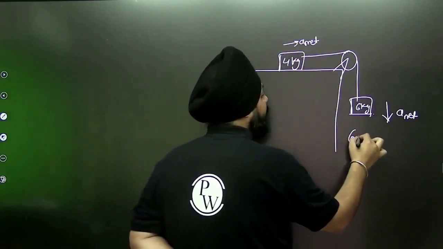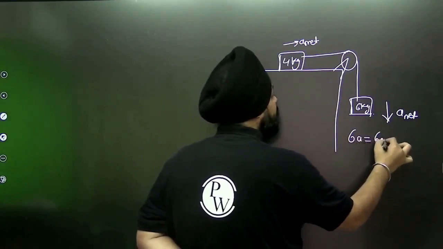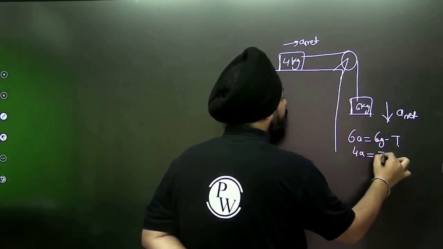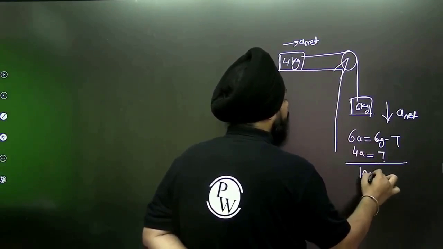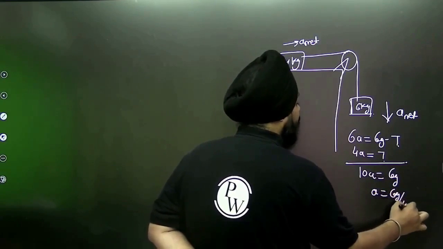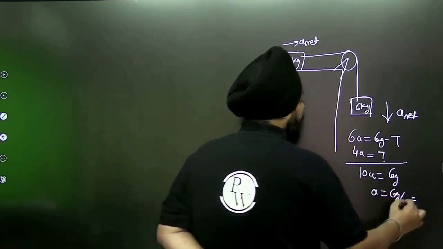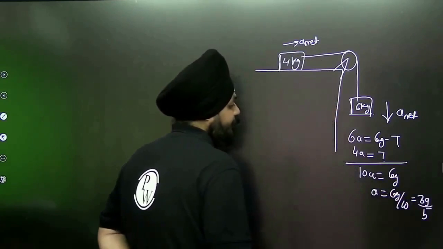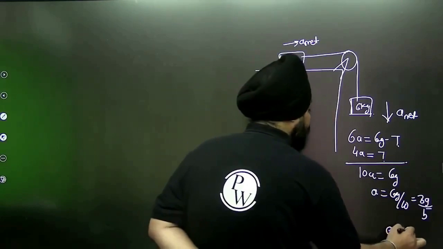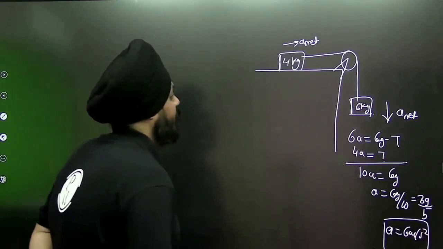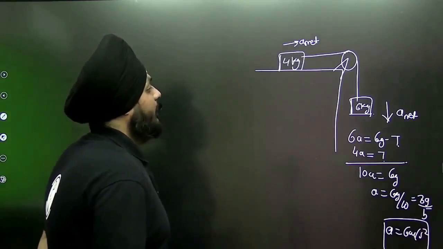From this we are getting the equation 6a is equal to 6g minus T, and here we have 4a equal to T. So 10a is equal to 6g. So a is equal to 6g by 10, so it is 3g by 5. Now obviously it is going to be 6 meter per second square.